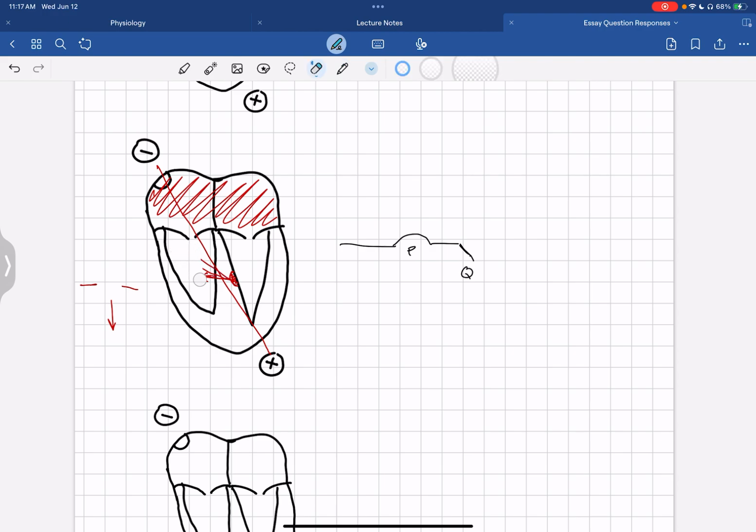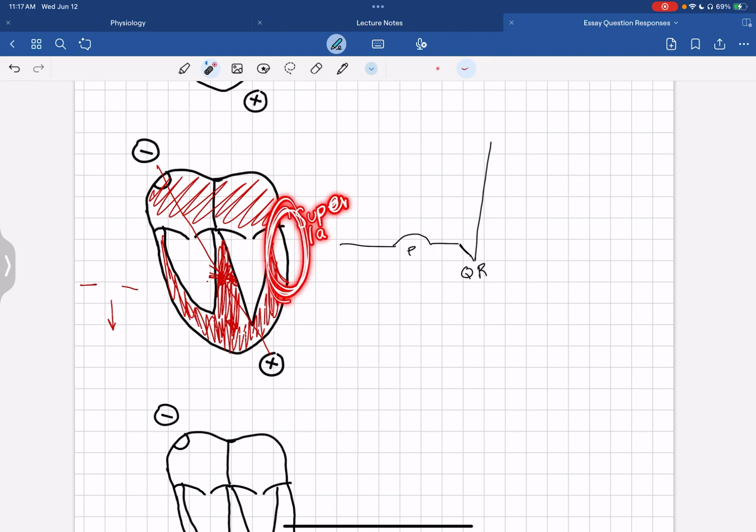But very quickly, as we depolarize this whole area here, we see our net vector switches quickly down to the rest of the ventricle. And now we have this rapid increase, which is our R wave. As this whole section gets filled in and depolarized, we have this section right here on the heart, the superolateral section, which depolarizes last.